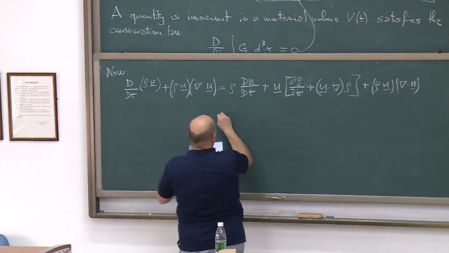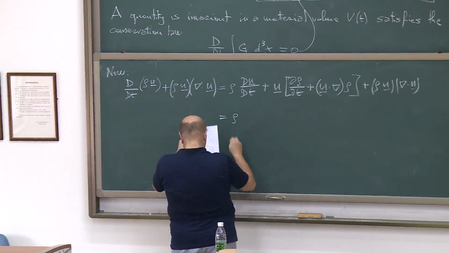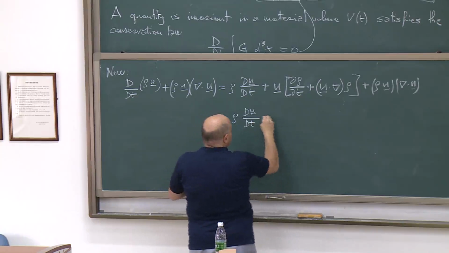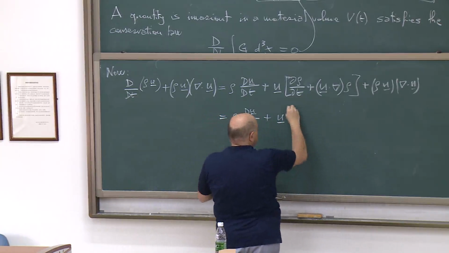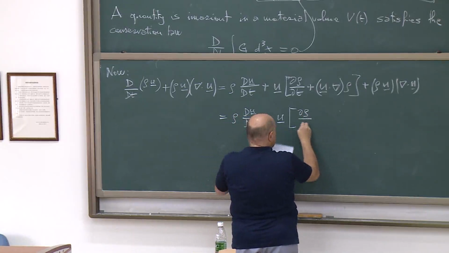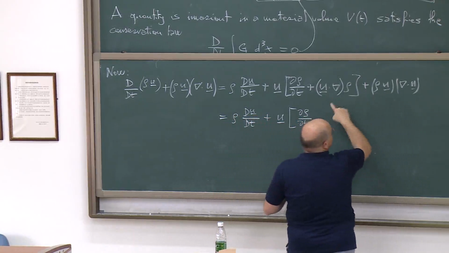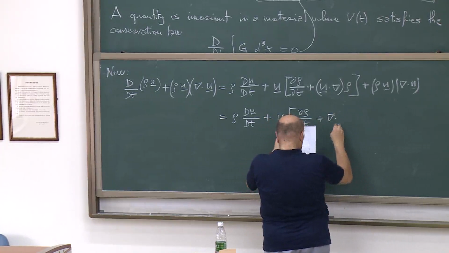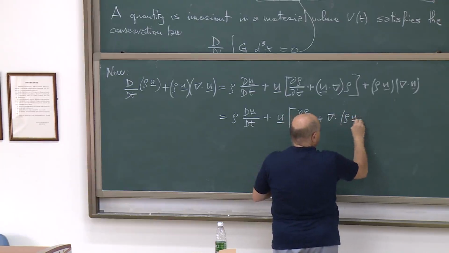Okay, so here we are with rho du/dt plus u that multiplies d rho/dt, and then we work this out into this quantity, the divergence of rho u.